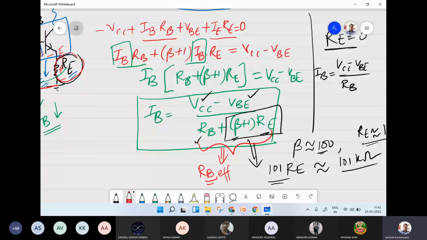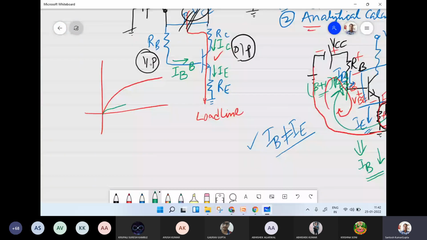If IB is reduced, then if we go back and see the characteristics, for small IB we will be having some characteristic like here.